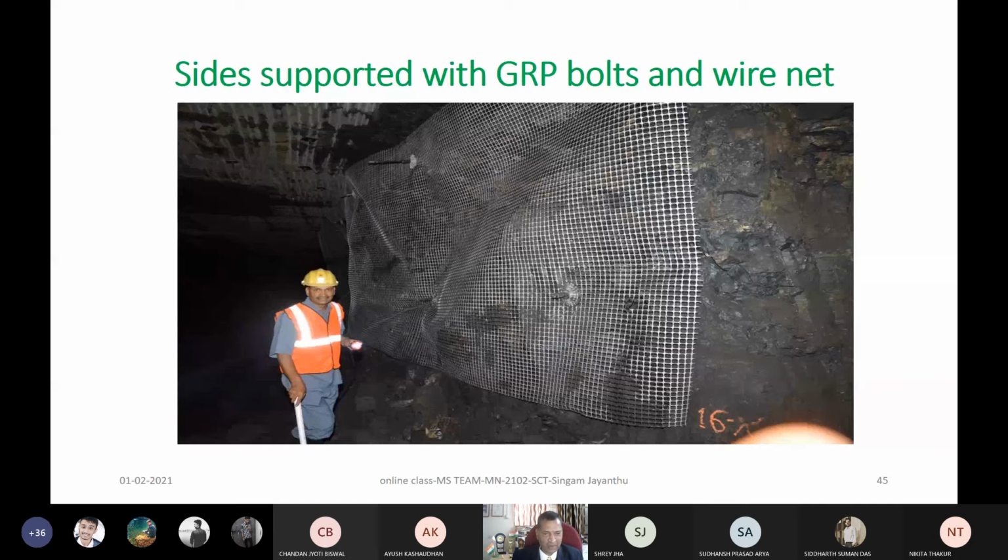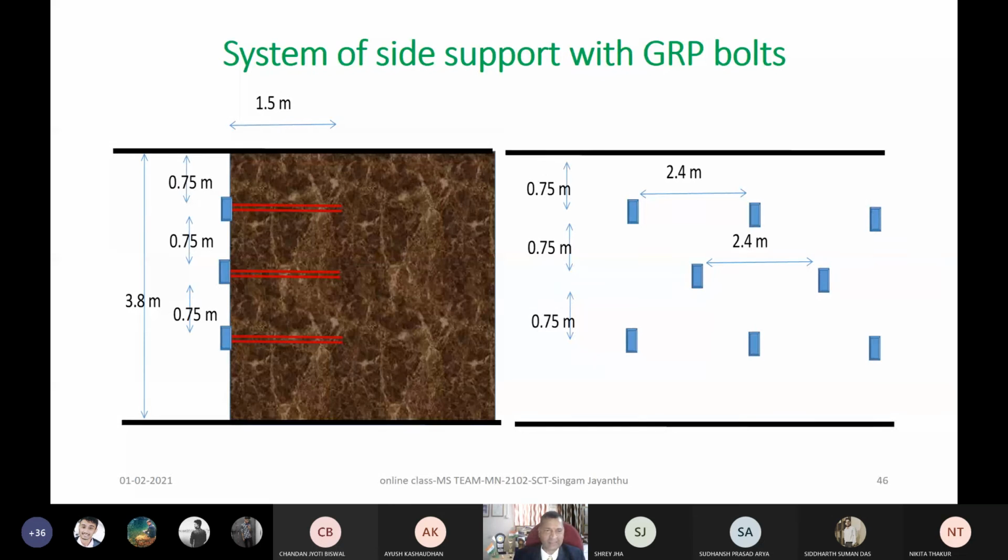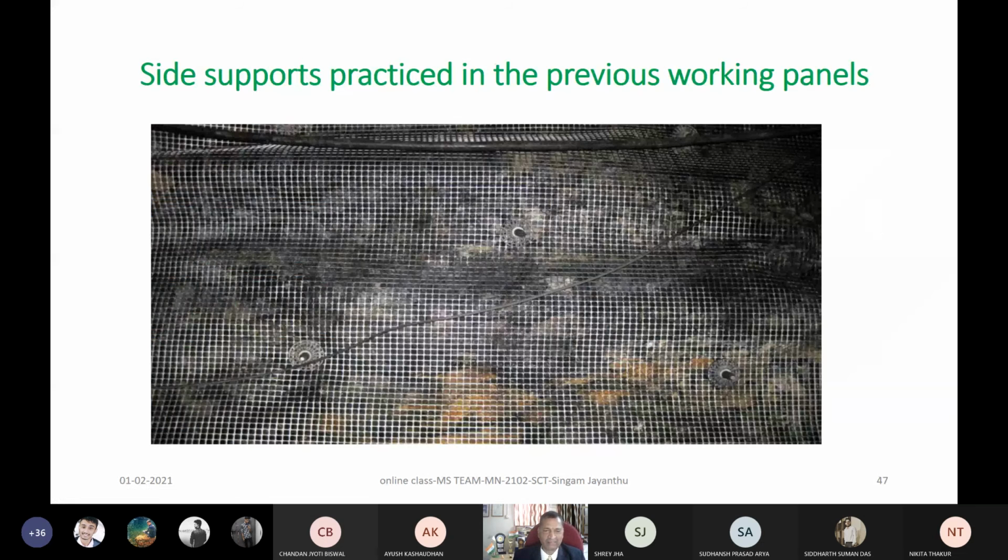Yogita madam already saw few photographs like this in the previous class also. These are the situations with side bolting done with 0.7 meter vertical interval and 2.4 meters horizontal interval. And this is how it appears with wire netting and then bolting.